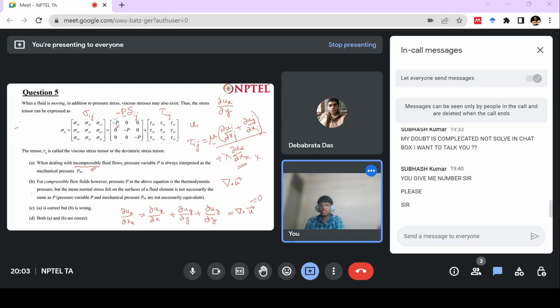Try to solve this, do this exercise, at least after this class. So minus sigma xx plus sigma yy plus sigma zz. Here sigma xx, this whole thing, will have P plus whatever is the component from this side.